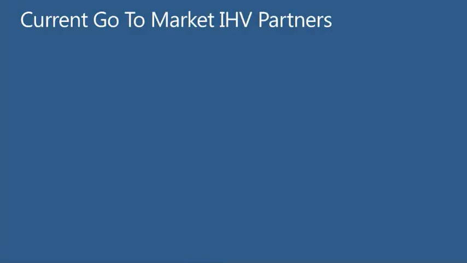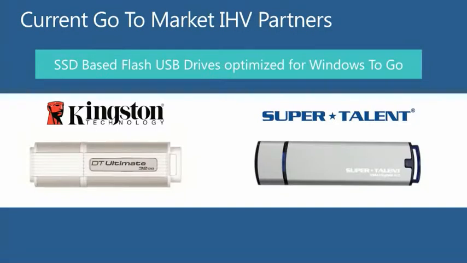If we have a look at the current independent hardware vendors out there, right now we have two. We have the Kingston DT Ultimate 32 gig, which is what I'm booting from. Do not, under any circumstances, get excited on the website by the presence of a DT Ultimate 32 gig G2, because it doesn't work.